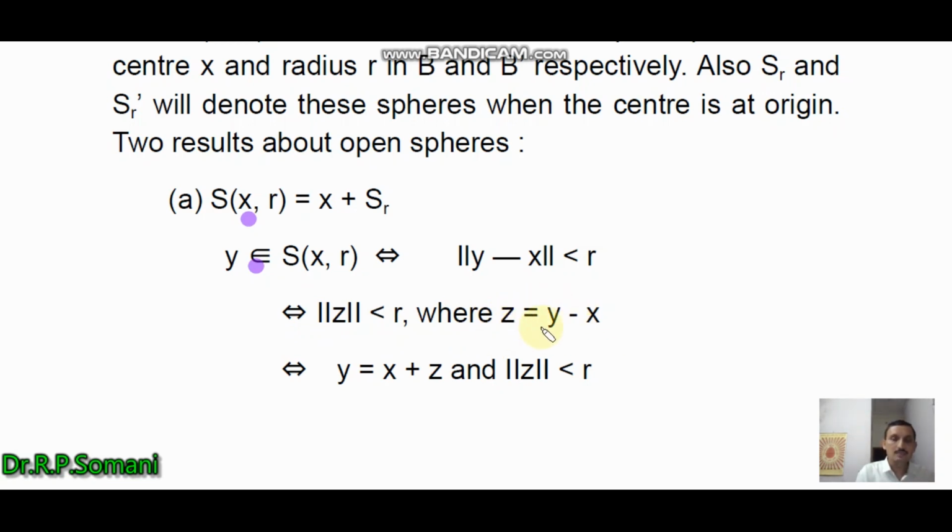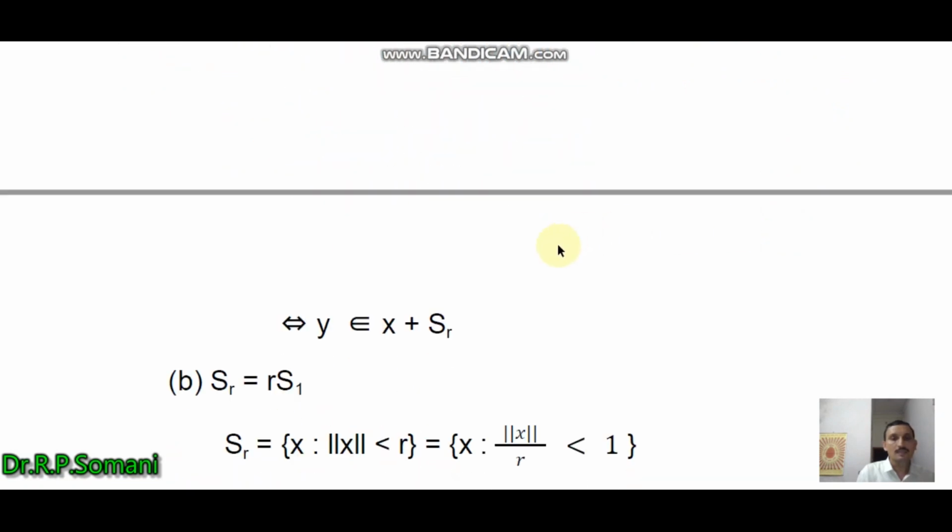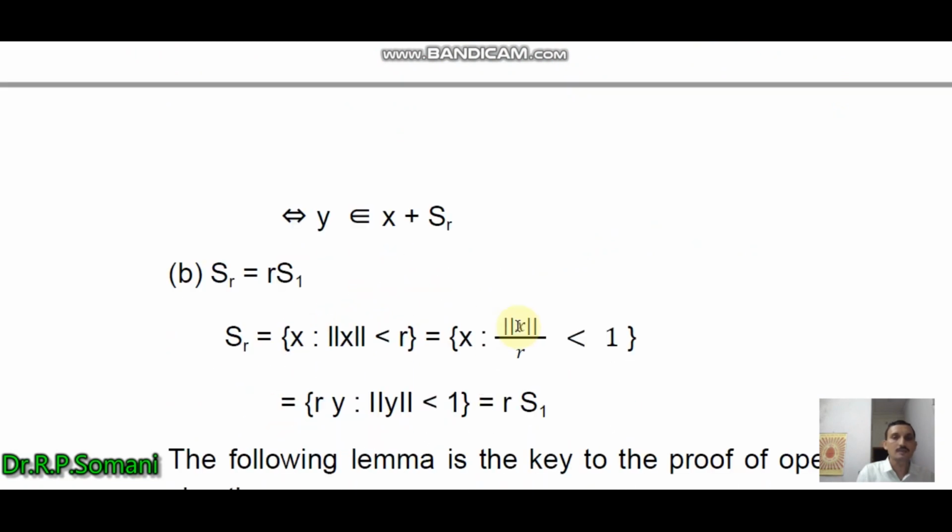So y equals x plus z and norm z is less than r. So we can say that y belongs to x plus S_r.